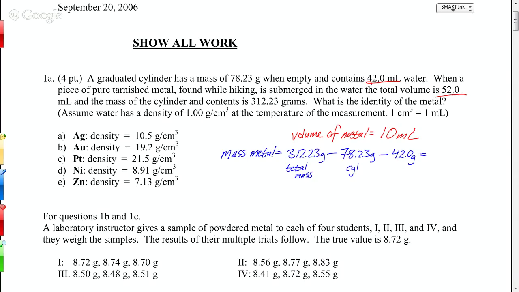And that comes out to 192 grams. So 192 grams divided by 10 milliliters is 19.2, which is gold.